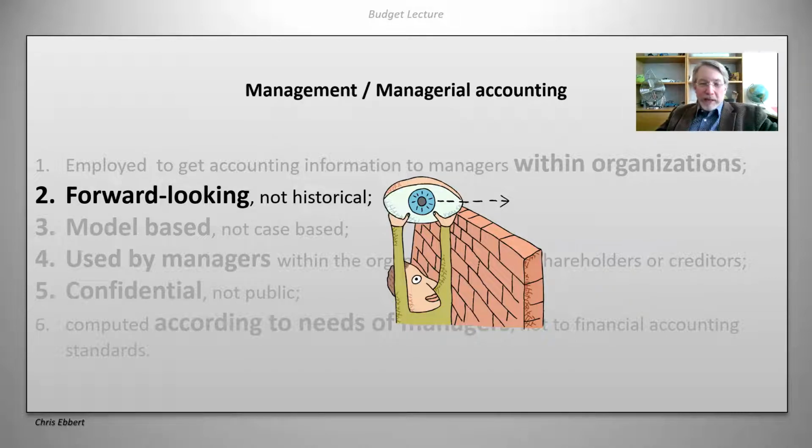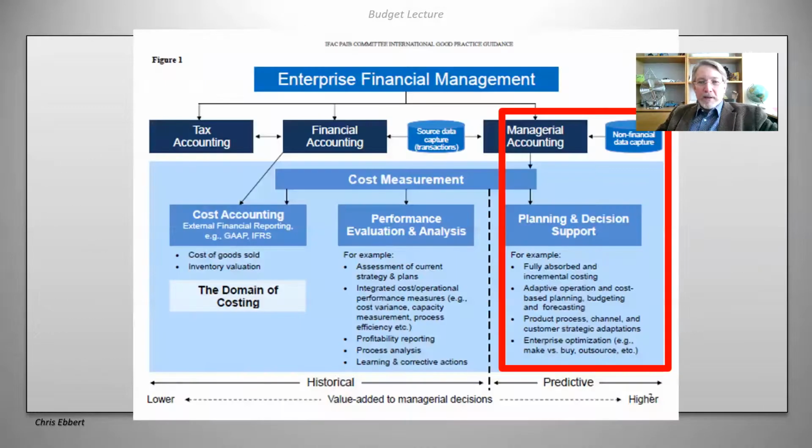It's more about looking ahead at what costs we're going to have in future. So this is the part that we're really talking about. Everything else is also going on, the stuff you see there on the left side, but the bit that really matters to us during this lecture is the one in the red frame.